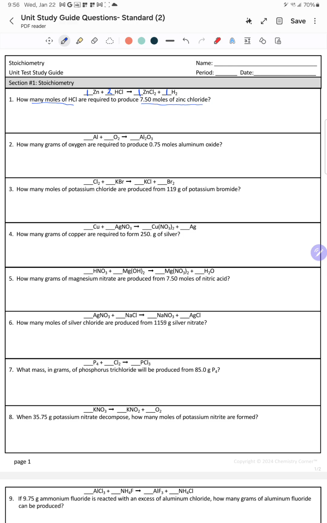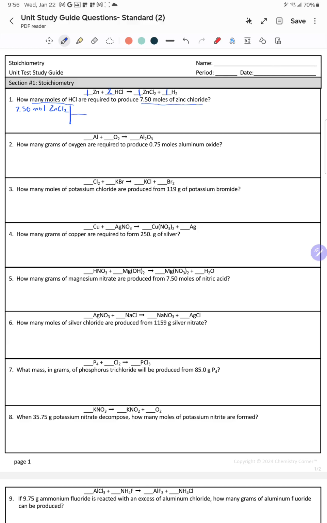Then we'll start with what I have. I'm starting with 7.50 moles of zinc chloride, ZnCl2. It's saying how much is needed to produce 7.5 moles of zinc chloride, so that's my product.